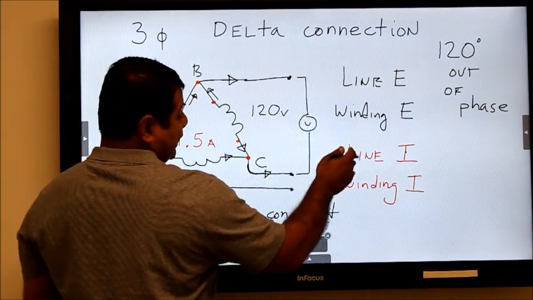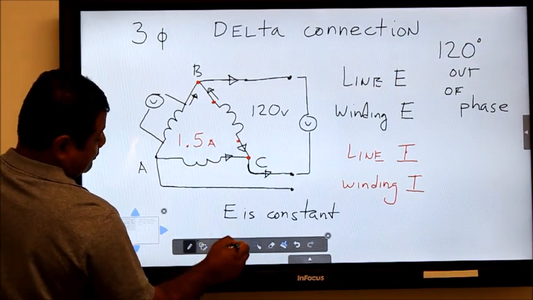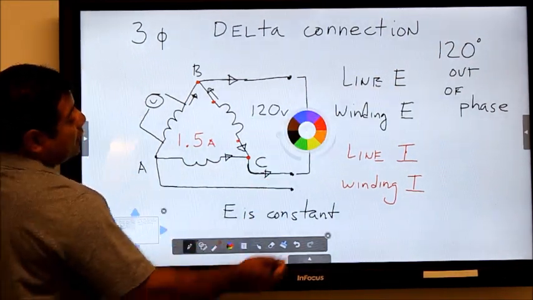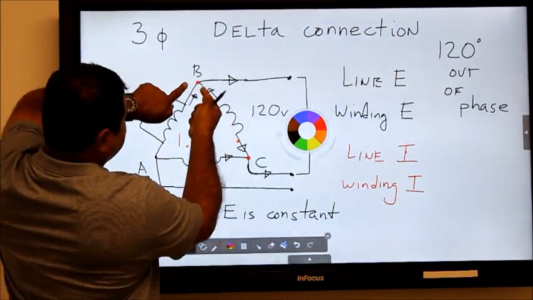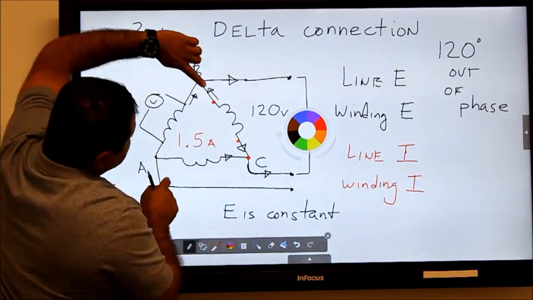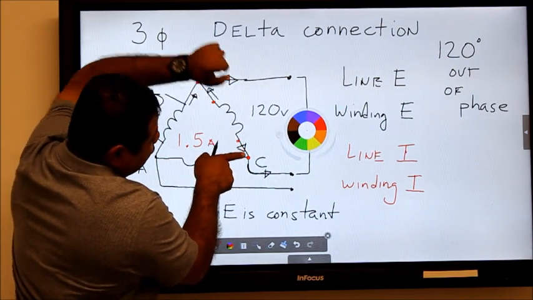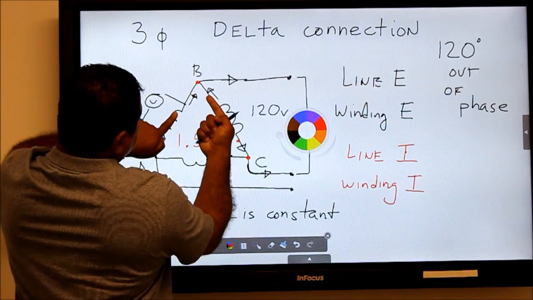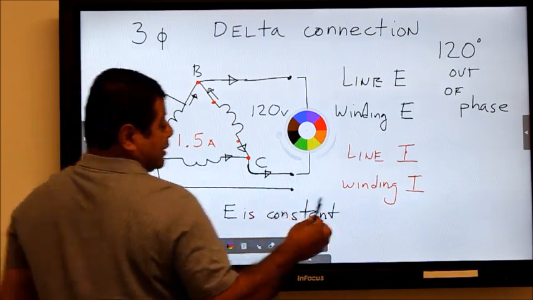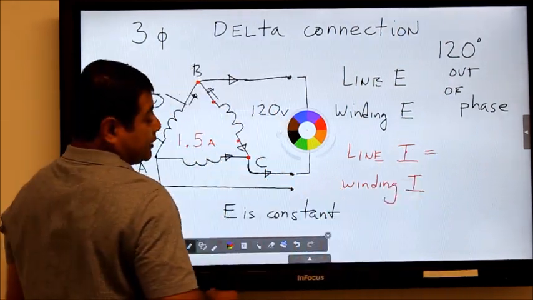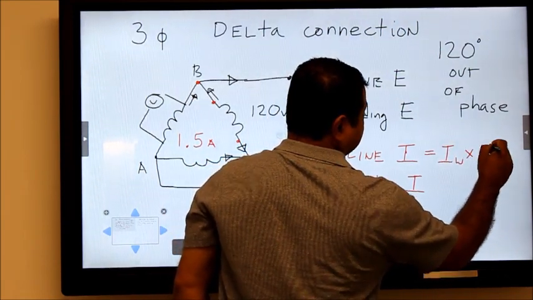So the line current for a delta system is the vector addition of these two windings' currents as they get there. The current that goes through this winding and the current that goes through this winding, they add vectorially to provide the current here. So what happens is that our line current is equal to the current in the winding times 1.73.